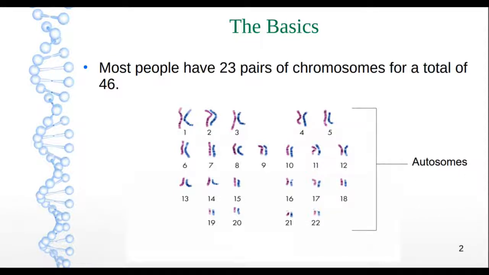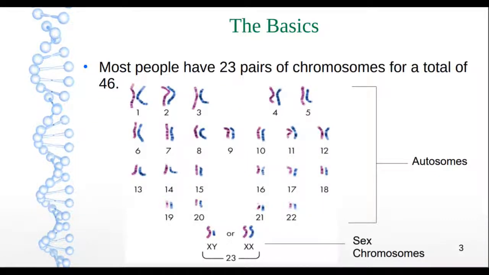These chromosomes contain information about hair color, eye color, shape of your nose, shape of your ears, that sort of thing. And then our 23rd chromosomes are called the sex chromosomes. And we know that males are X and Y, and females are X and X.